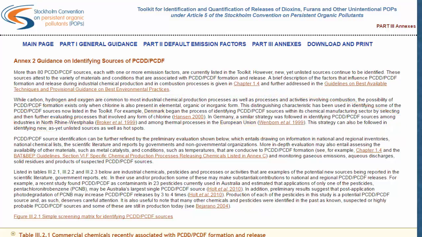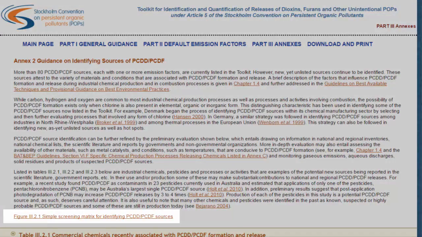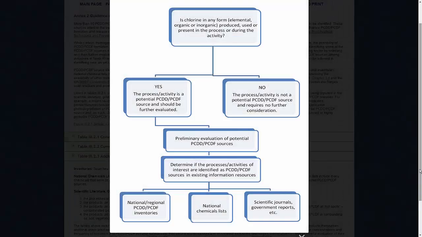And, as you might expect, this same approach has proven to be very useful in identifying hotspots. In Figure 3.2.1, you see the guidance as a flowchart. While I'm responsible for this flowchart, I have since prepared a simpler and more colorful version that we will look at in the next slide and discuss a bit.